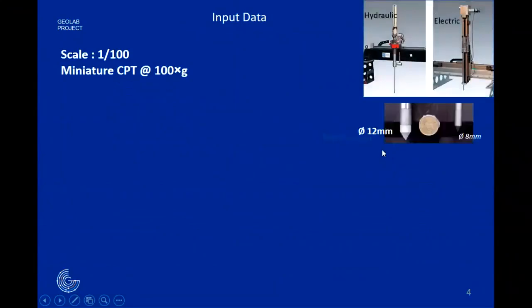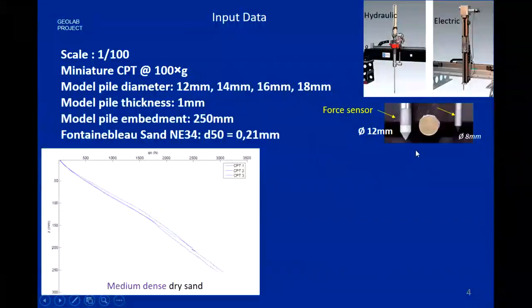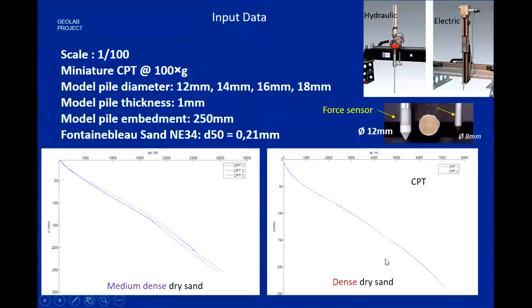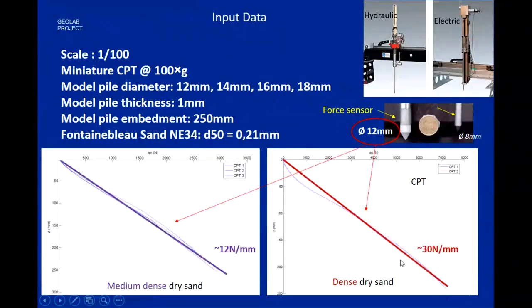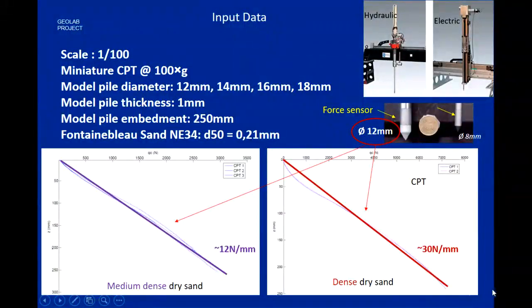So the input data, as I mentioned in the text, are collected with CPT. So there are small scale CPT. We have different diameters, and here, in our case, we have those results. In fact, I had two, medium dense and dense sand, and when I suggest that we have 30 Newton per millimeter, you can see, well, it's my interpretation.